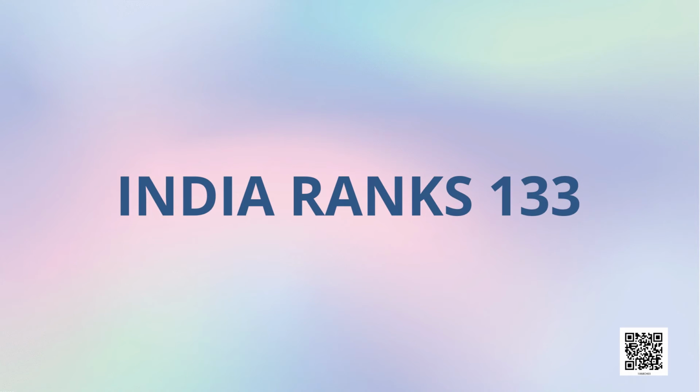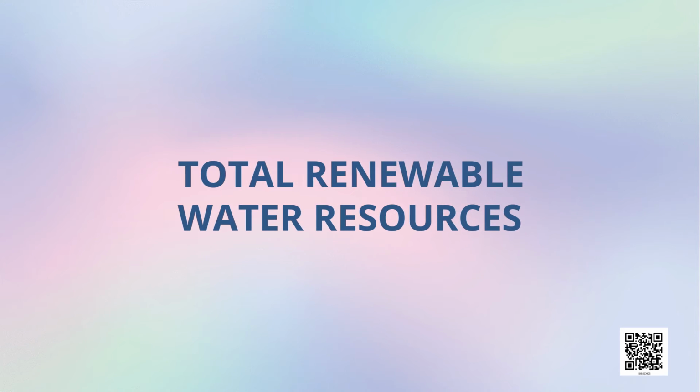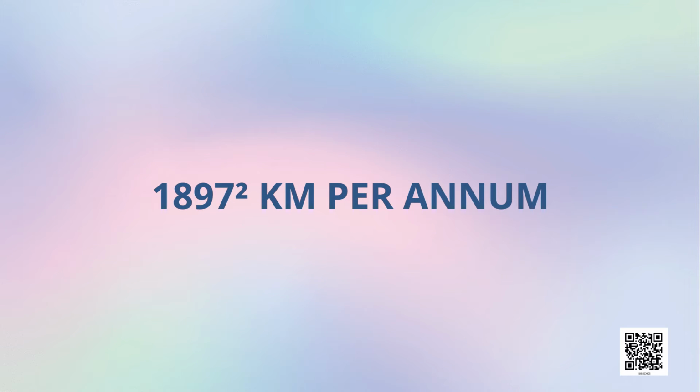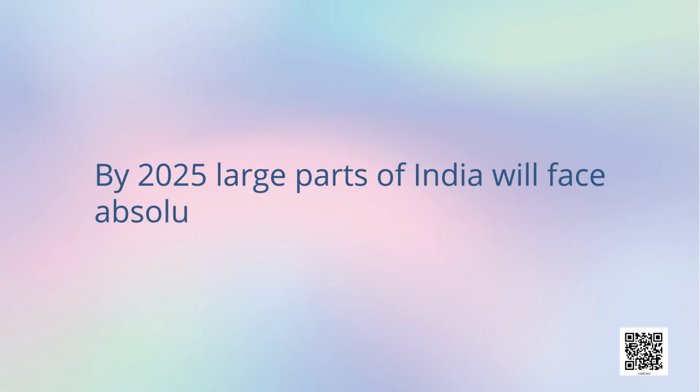India ranks 133 in the world in terms of water availability per person per annum. The total renewable water resources of India are estimated at 1897 sq km per annum. By 2025, a large part of India will face absolute water scarcity.